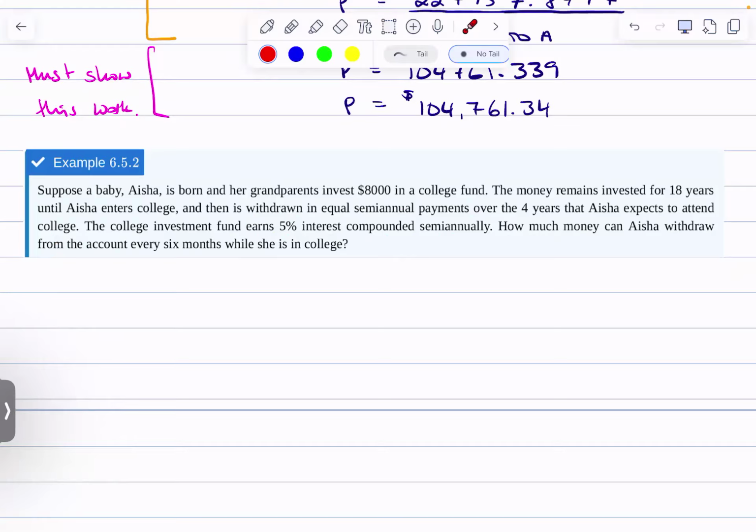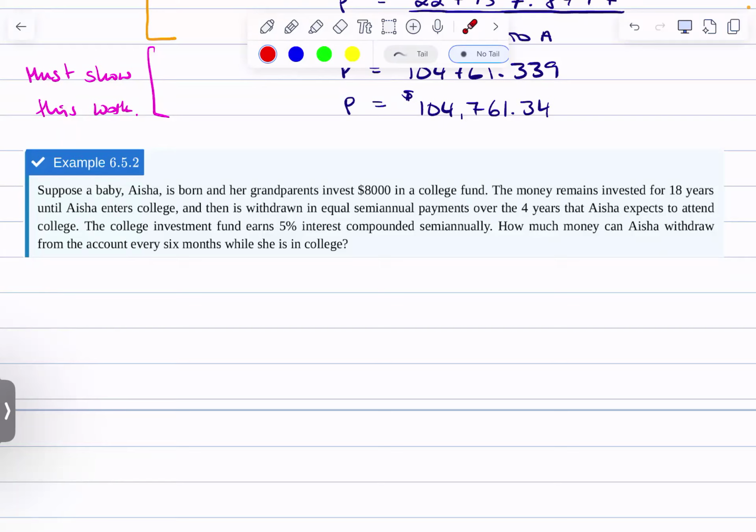So this is what I would call a two-phase problem, right? We have money that's just deposited and then it's going to sit there for 18 years.